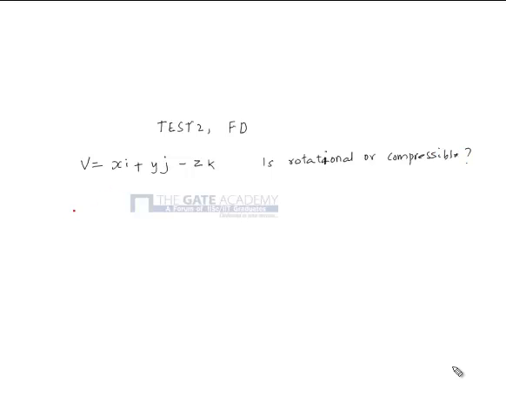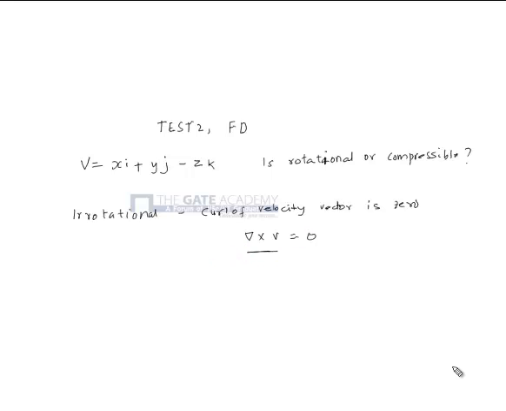Okay, so if the flow is irrotational, then the curl of the velocity vector is 0. To put this in mathematical form, we have del cross V equal to 0, where del is the operator.